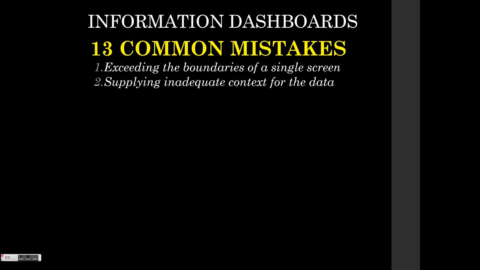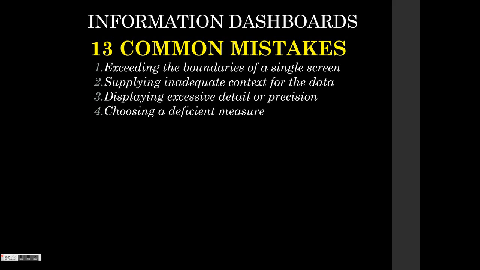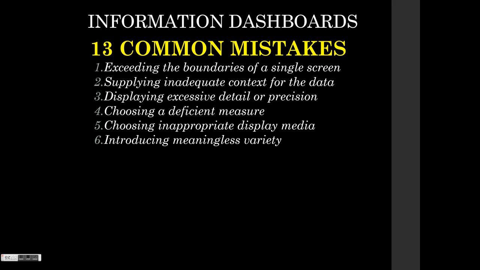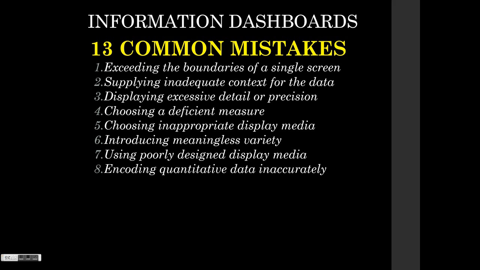Number 2, supplying inadequate context for the data. Displaying excessive detail or precision. Choosing a deficient measure. Choosing inappropriate display media. Introducing meaningless variety. Using poorly designed display media. Encoding quantitative data incorrectly, inaccurately.